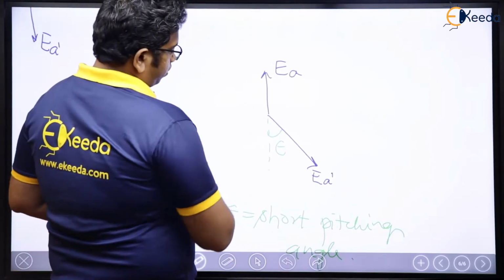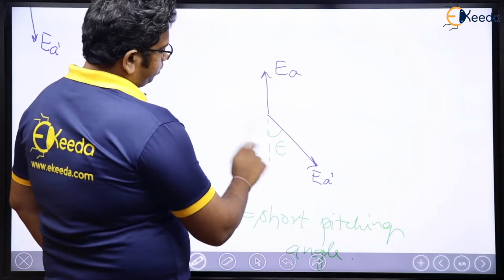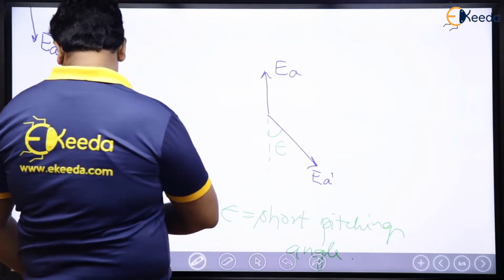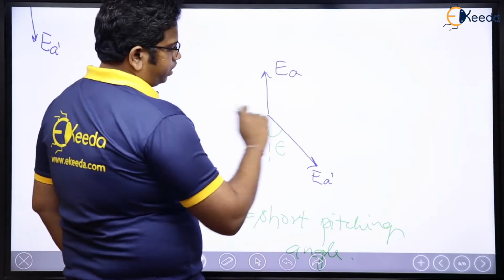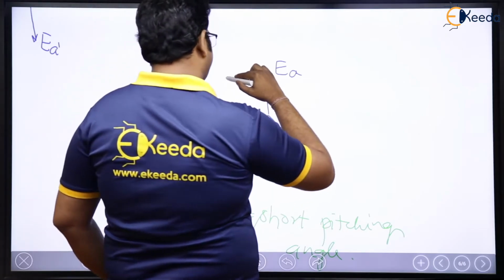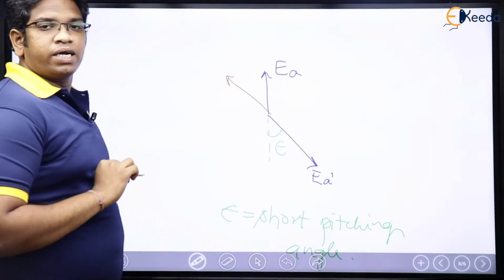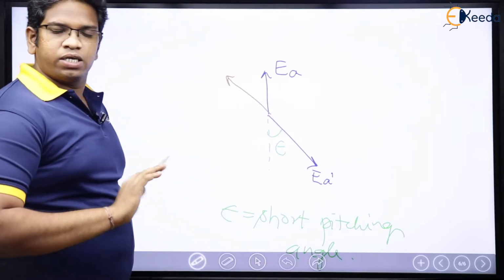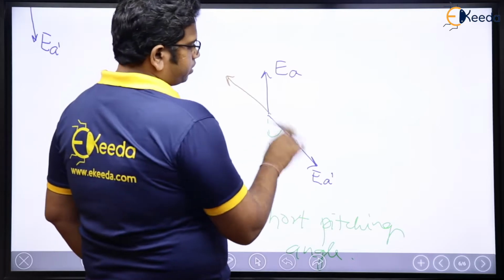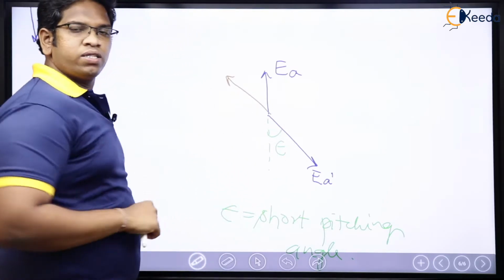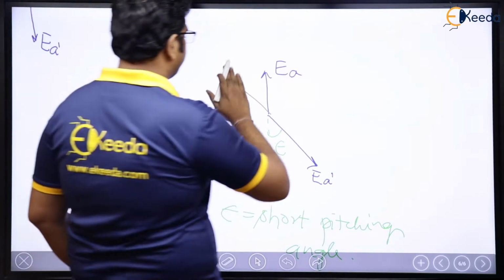See, this is EA dash. Now, this will be opposite. If EA dash is here, then after flipping, why am I flipping it? Because of back-to-back connection. Otherwise, no need to flip. Because back-to-back connection is there, I know that at the end of the day, they are going to get added. So flipping is necessary.